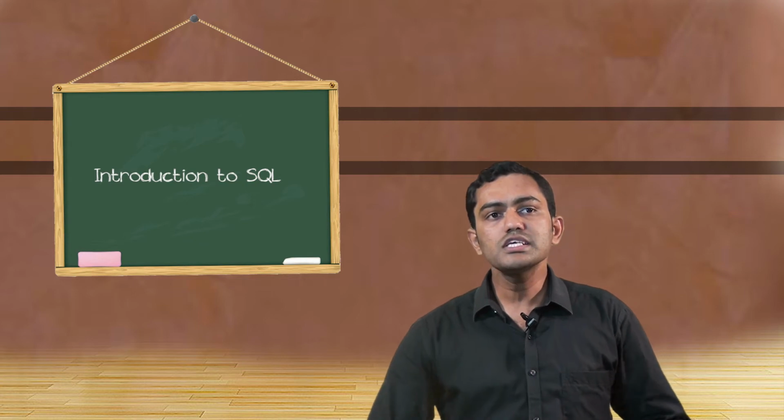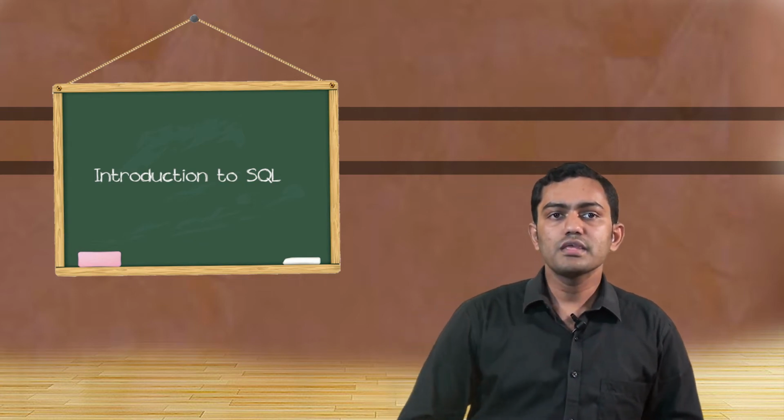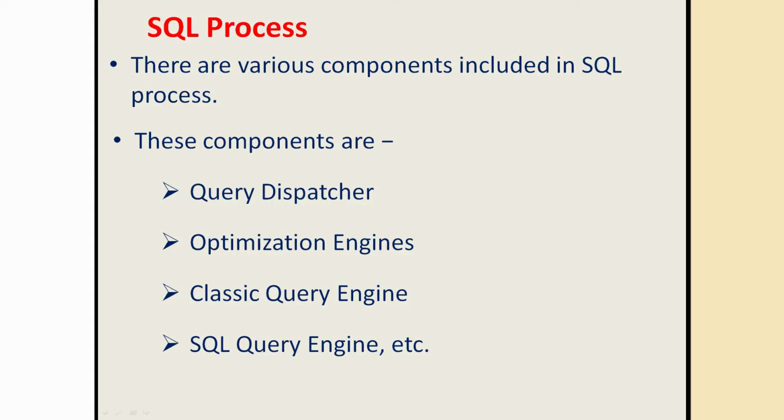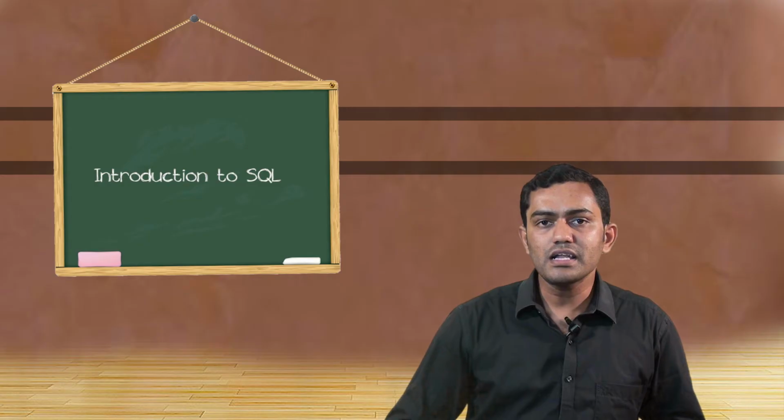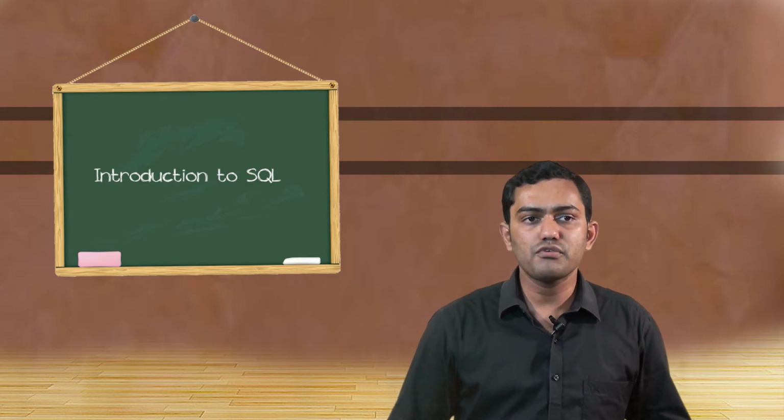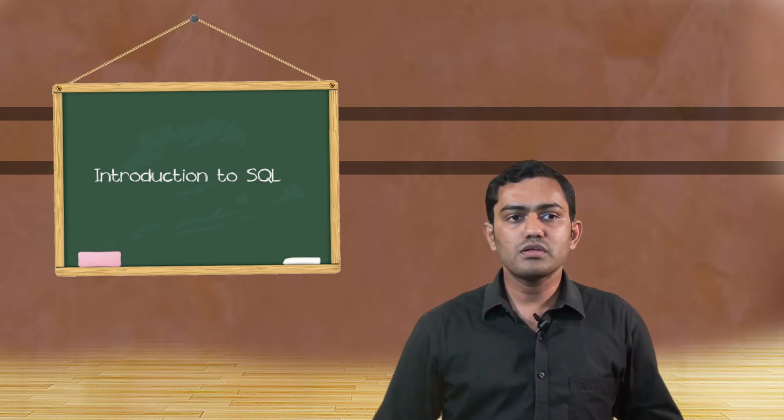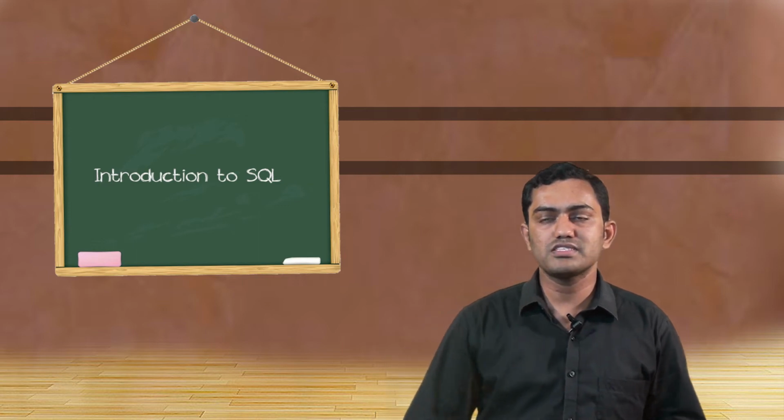To do these tasks, the SQL process can be divided into different components. The first is the query dispatcher, the second is the optimization engine, the third is the classic query engine, and the fourth is the SQL query engine. The query dispatcher is where we write some code or a set of queries, and that will be dispatched to the SQL optimization engine.